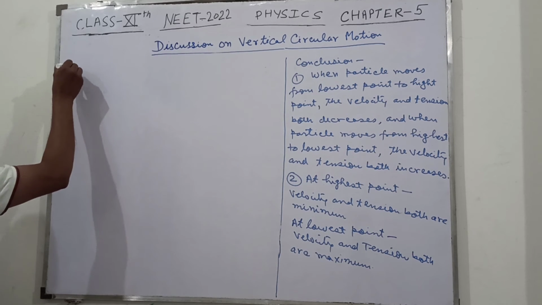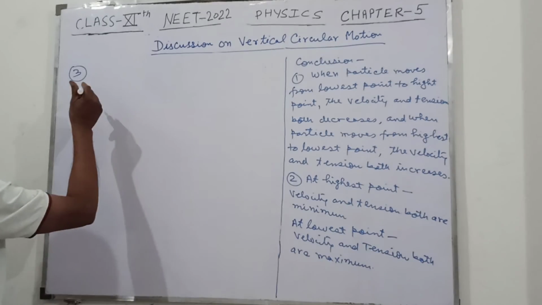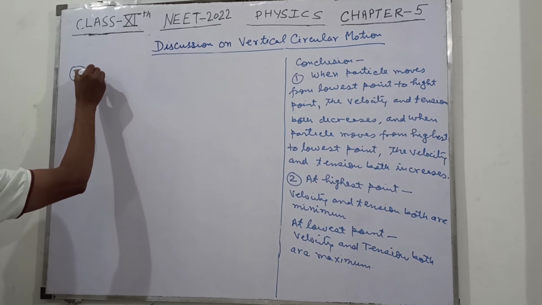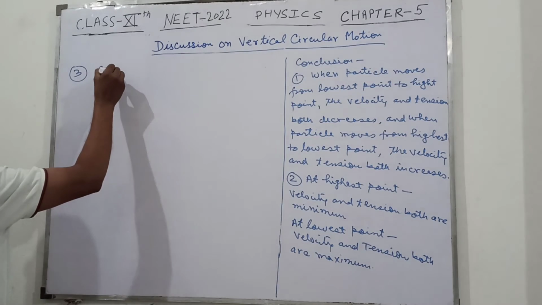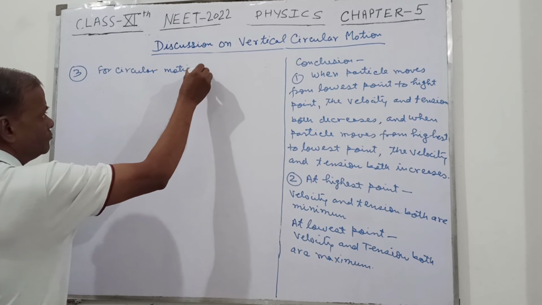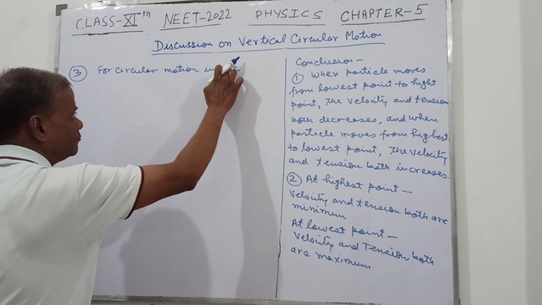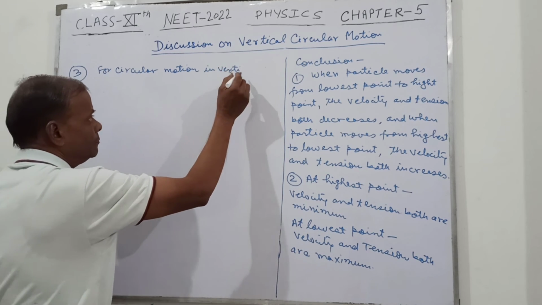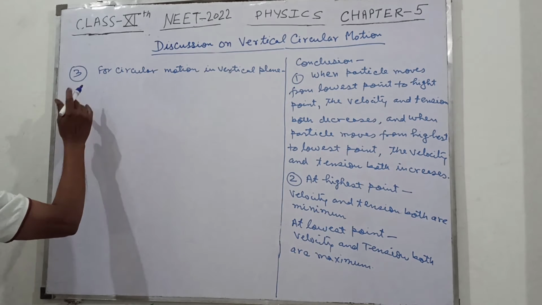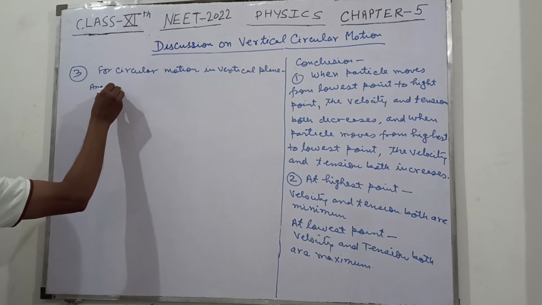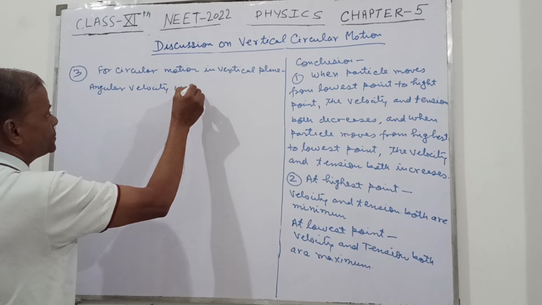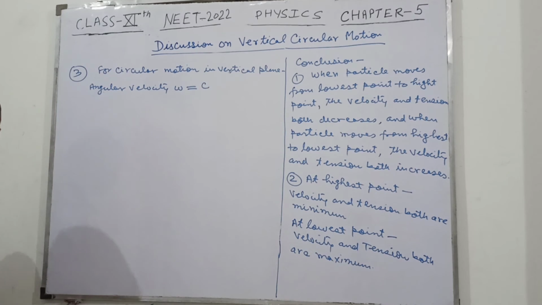Now third, for circular motion in the vertical plane, angular velocity omega is not equal to constant.